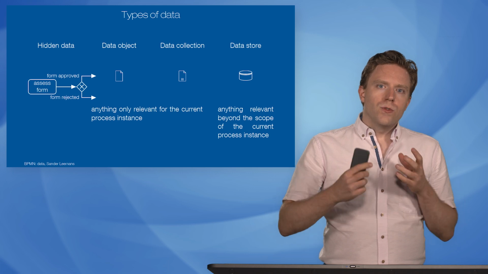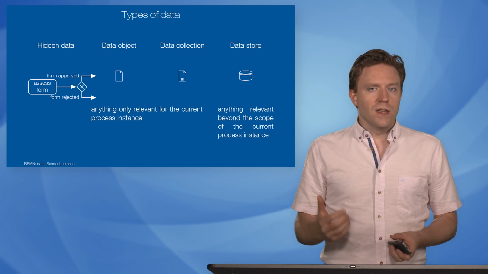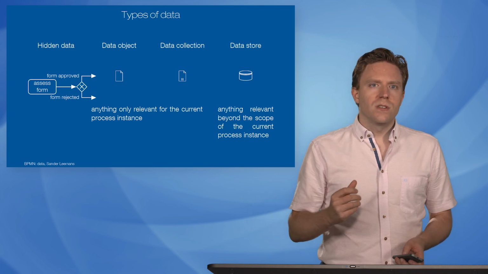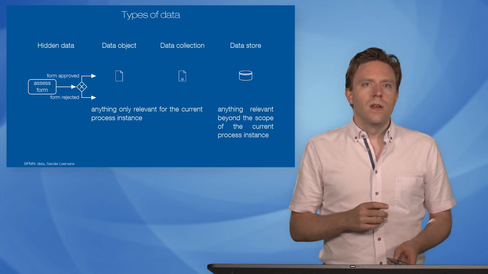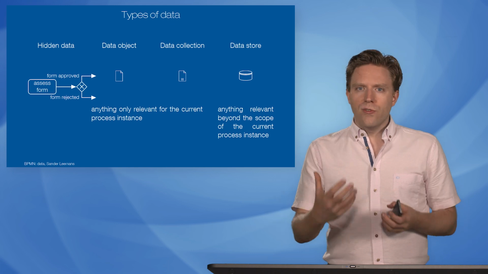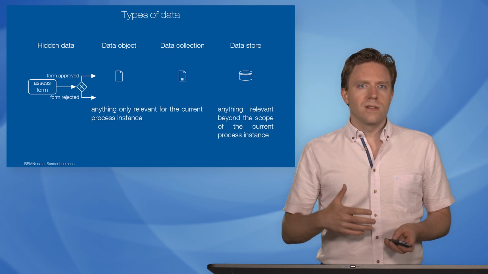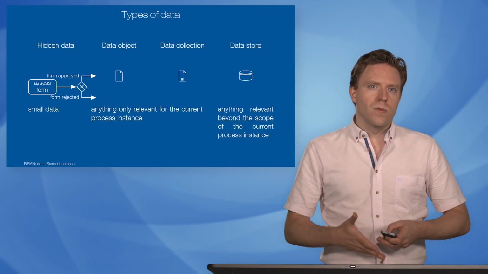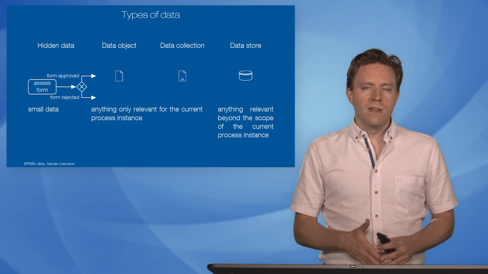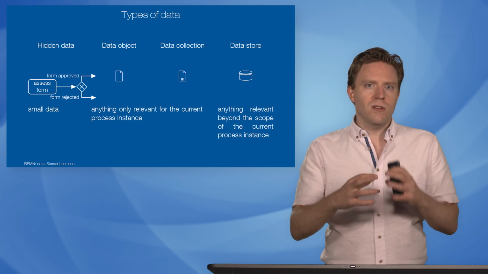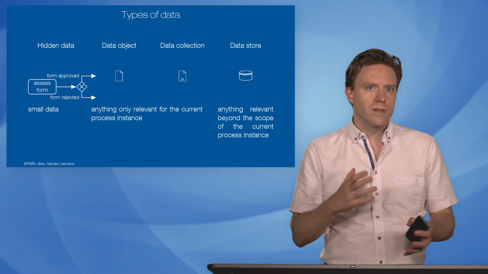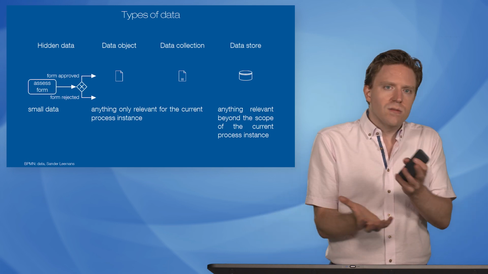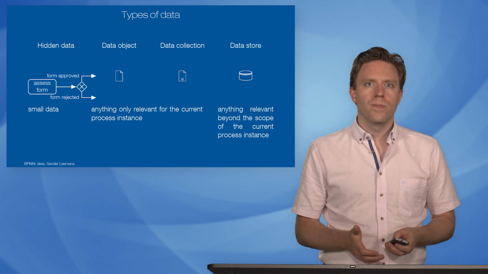Now we know about the scope of the data object, data collection, and the data store. But what is now the scope of the hidden data? Well, because it's not modeled explicitly and the BPMN standard really doesn't say much about it, we keep this for small data. So let's say it is local to the process instance, but just to communicate between one task and one gateway, something along those lines.